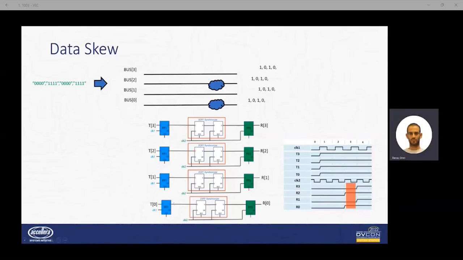Therefore, the synthesis might implement them differently. We might get some delay over, let's say, bit number 0 and bit number 2. Therefore, we'll generate those weird patterns, which are not what we sent, and we get out a different pattern from what we sent. This means that this scheme is not good for synchronizing a bus, since it creates a skew between the data bits.